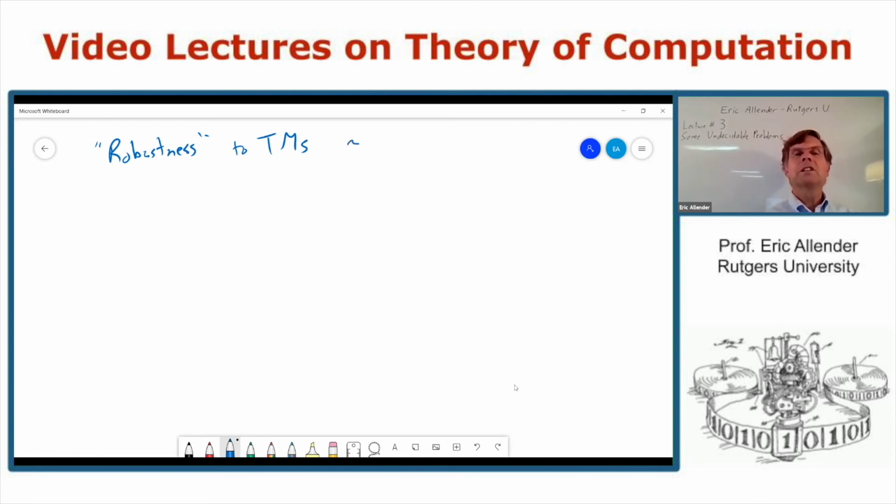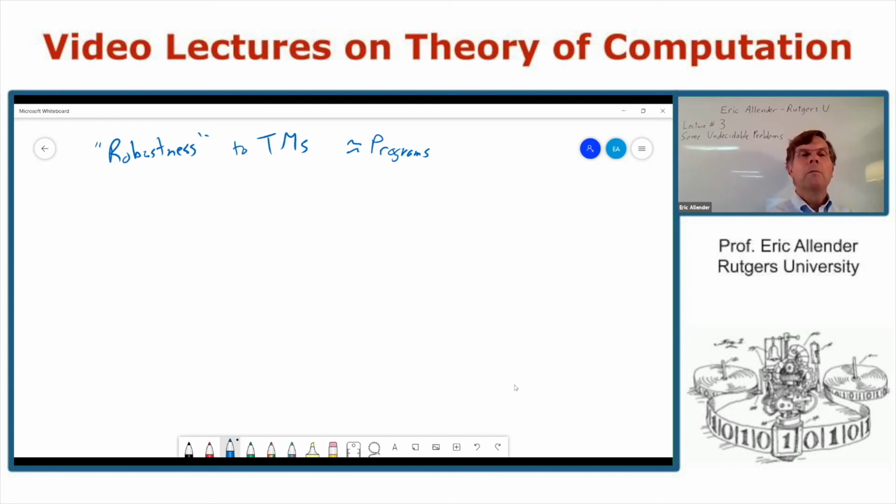And basically, it's also going to give you something that's equivalent to programs. Certainly we're familiar with the notion that there are tons of different programming languages, and they're all equivalent. Turing machines are really, in some sense, just another sort of inconvenient programming language, but they have the advantage that they're very simple to work with.